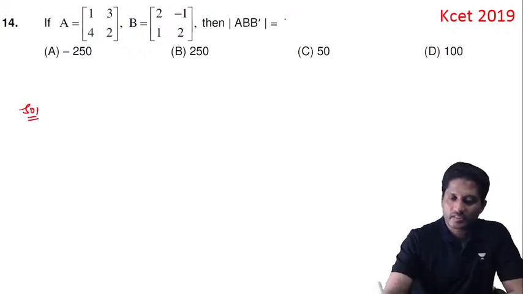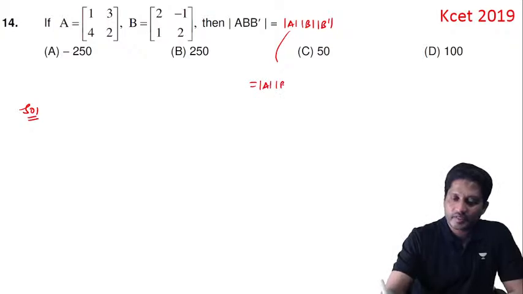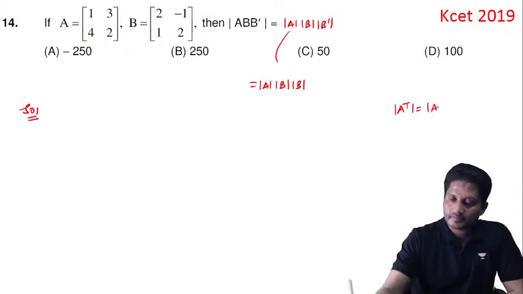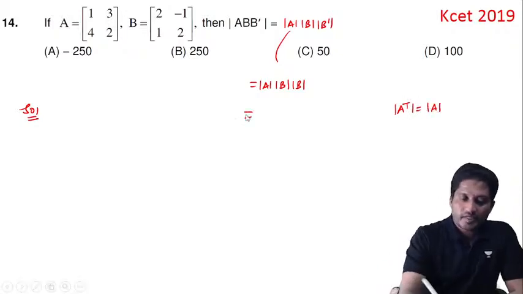See, this can be written as determinant A into determinant B into determinant B'. Further this is equal to determinant A into determinant B. Determinant B' is same as determinant B, because determinant A transpose is same as determinant A. Determinant A is equal to 2 minus 12, which is minus 10.